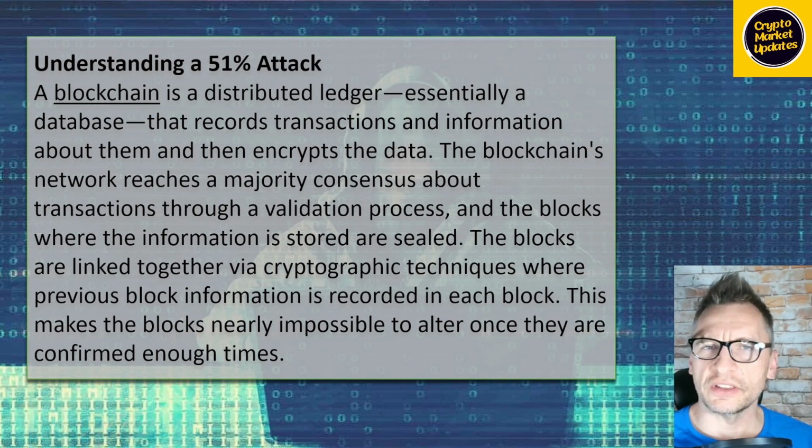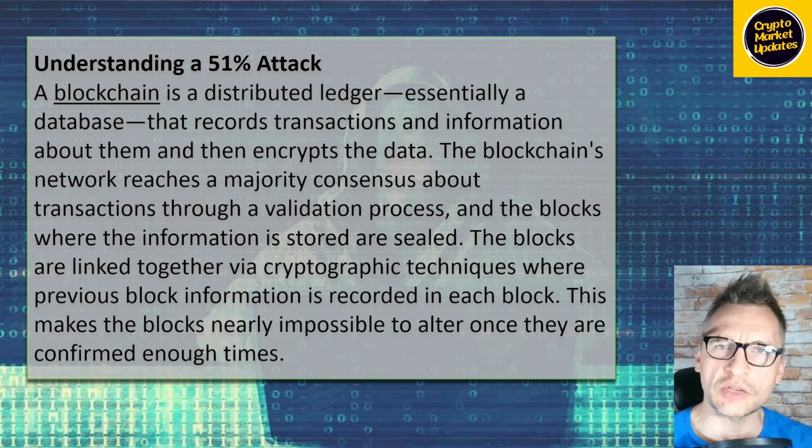This essentially means that the older the blockchain is, the more difficult it is to alter, because the more blocks there are, the more information would have to be changed. So in order to change the information on an older block, one would have to change the information on every subsequent block, because the information on the previous blocks is contained in the new blocks as well.